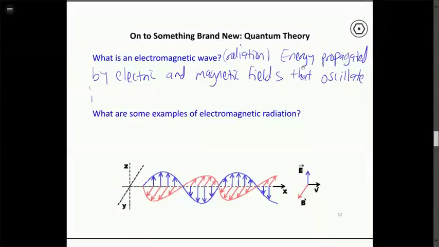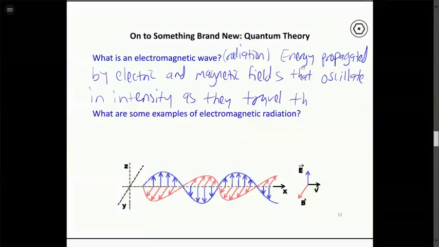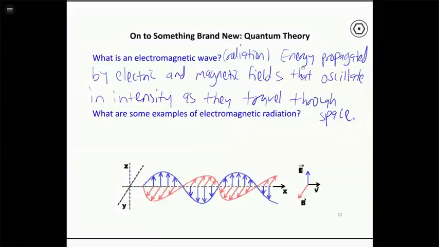They oscillate in intensity as they travel through space.